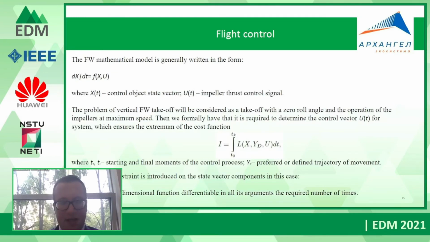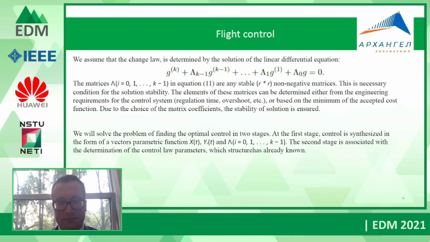And we need to determine the control vector and the starting and final moments of control, and ensure the extremum of the cost function. The next, please. We need to determine the solution of the linear differential equation. The next, please.